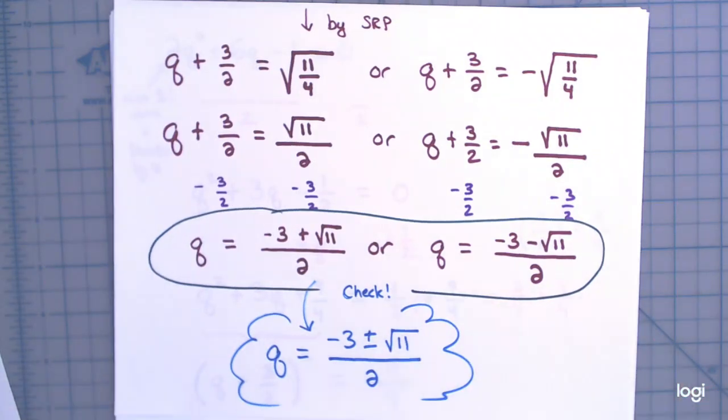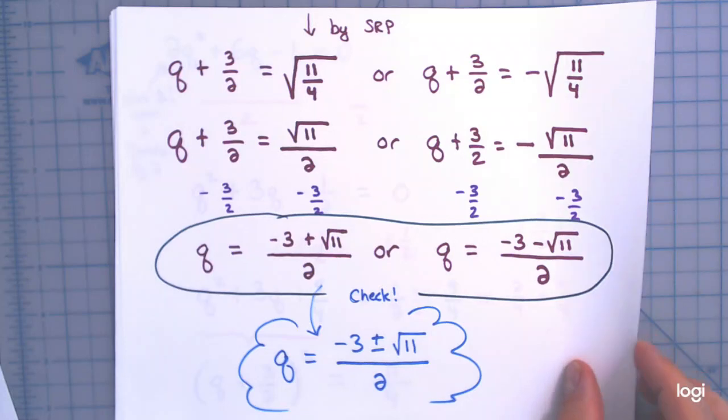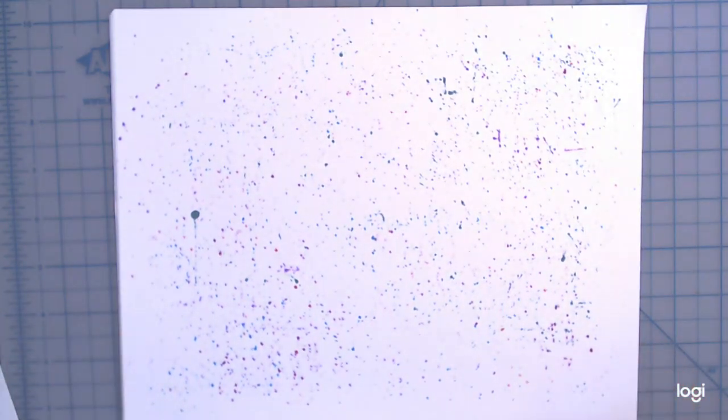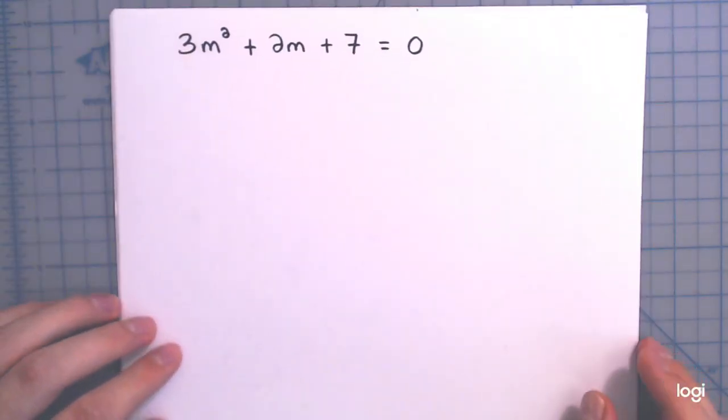All right, I've got one final example where I'm doing the same stuff. Notice the first example I did had some rational solutions, and the last couple had irrational solutions. As I mentioned at the beginning of the video, you can use this complete the square method to solve any quadratic equation.